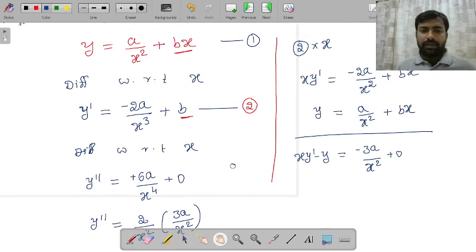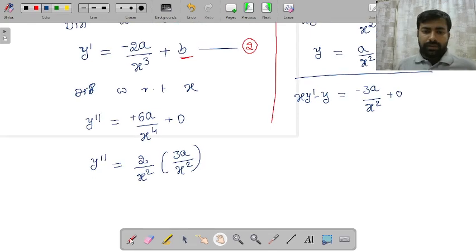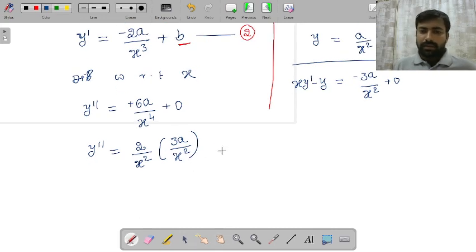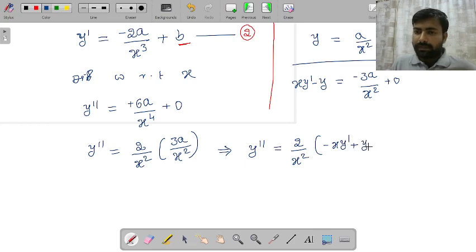Now you substitute this 3a by x square with this, but here you have minus, so be careful. So y second derivative equal to 2 by x square, here you have minus, so when you multiply with minus, minus xy prime plus y.